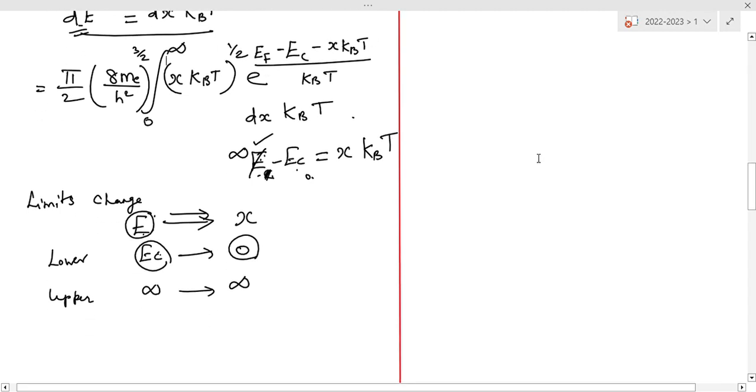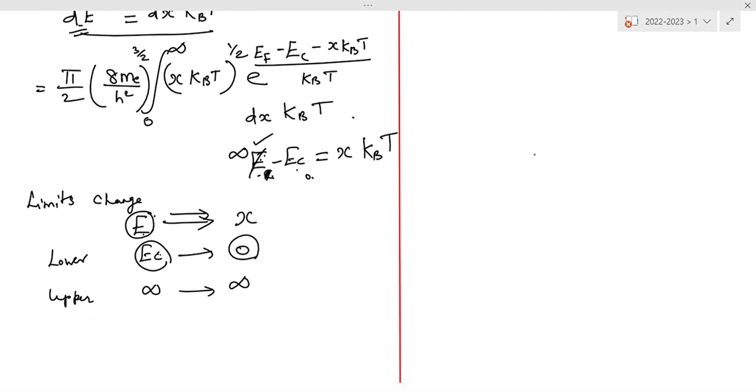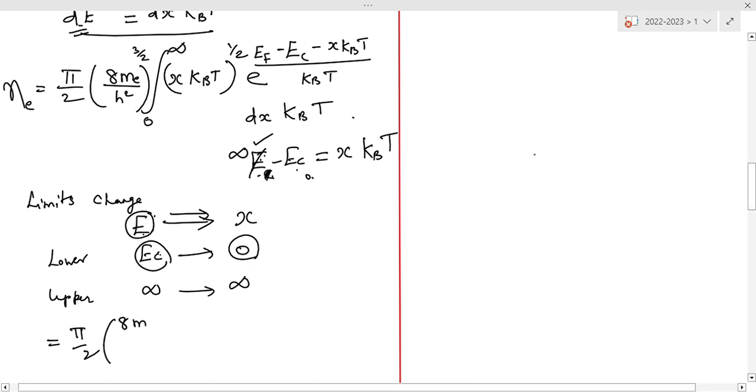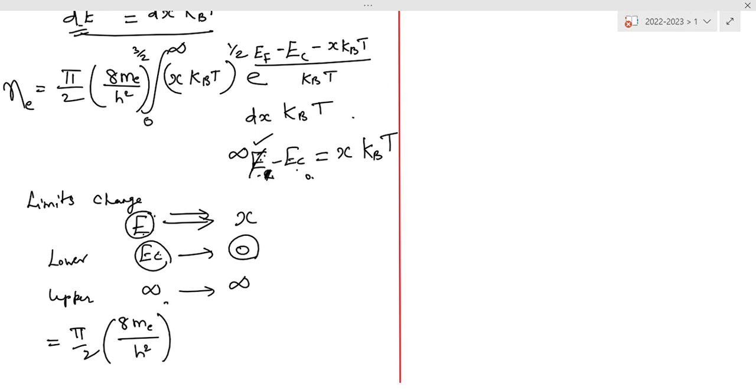Now, consolidating the equation, pi by 2, 8 me by h square the whole power 3 by 2 integral 0 to infinity. Here look at this equation.